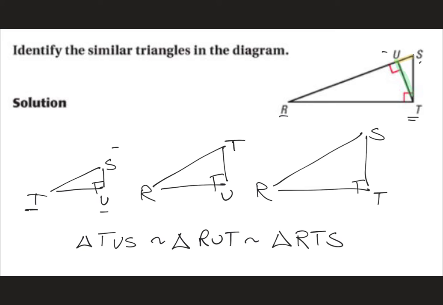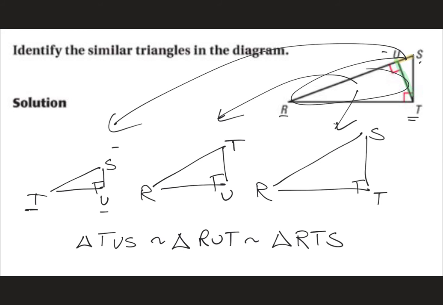When we're writing our similarity statements, remember that the letters need to be in the correct order, so we know which angles correspond to which angles, which sides correspond to which sides. Now, when we're going through all of this, being able to pick apart the three triangles and redraw it is probably going to be your best strategy, but I'm going to show you some other ideas.